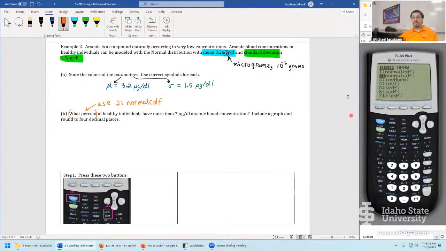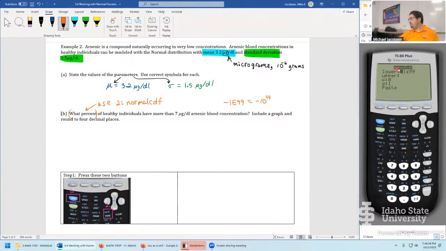So with option 2 highlighted right here, just hit enter right away. And this is where it gets a little bit vague. Your calculator might go -1E99. Let's say what that means. -1E99 is a calculator way of saying -10 to the 99th power. It's the largest negative number supported in this calculator's architecture.